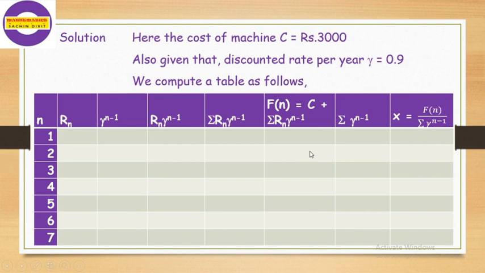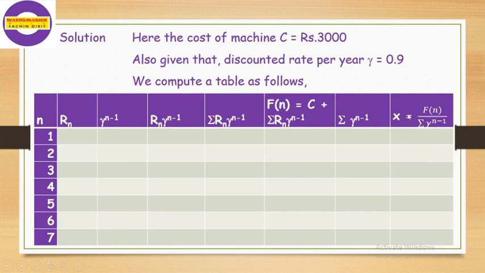If you remember, fn can be written as C plus R1 plus R2 gamma plus R3 gamma square and so on, up to Rn gamma raised to n minus 1, divided by 1 plus gamma plus gamma square plus gamma cube up to gamma raised to n minus 1. That formula is converted into this format: the numerator becomes fn, which is defined here, and the denominator becomes the summation of gamma raised to n minus 1.